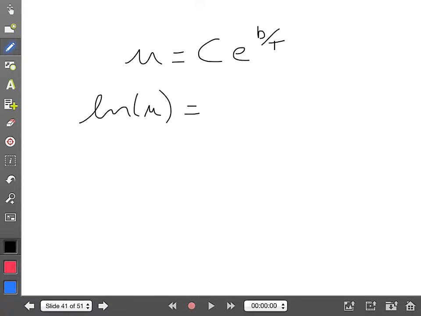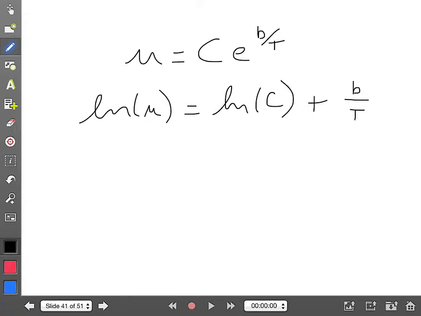This is going to be the natural log of C, that's a large C, capital C. Once you do some arithmetic involving logarithms, you get this equation.